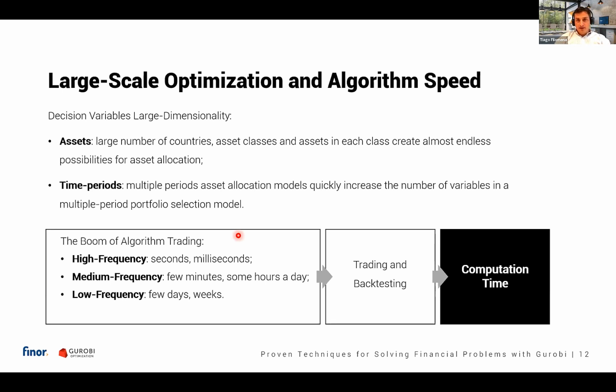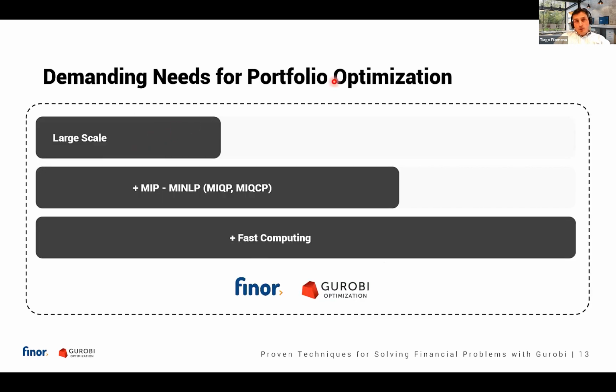This is another thing Gurobi helped us a lot with when we did some projects: its performance is the best in the market, and computational time matters in this business. In portfolio optimization, we'll be dealing with large-scale models with reasonable complexity in terms of mathematical structure, and they will demand fast computing. So this is pretty much what we will be talking about today, the way we model our problems over the Gurobi platform.